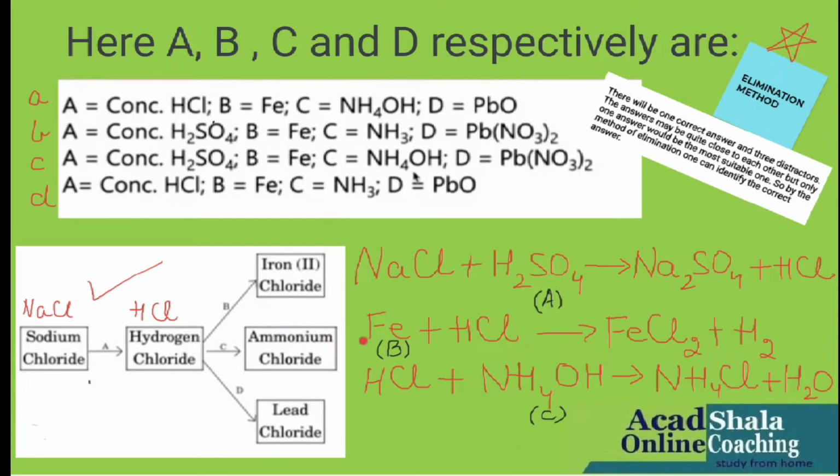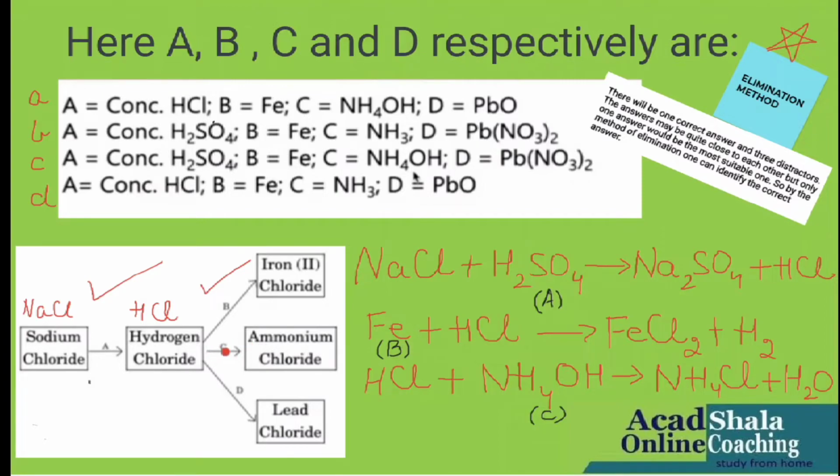I will write in my rough side column to check whether I am doing it properly: Fe plus HCl giving FeCl2 and hydrogen gas is evolved. So iron(II) chloride is formed over here. So B is nothing but iron. This is also solved.